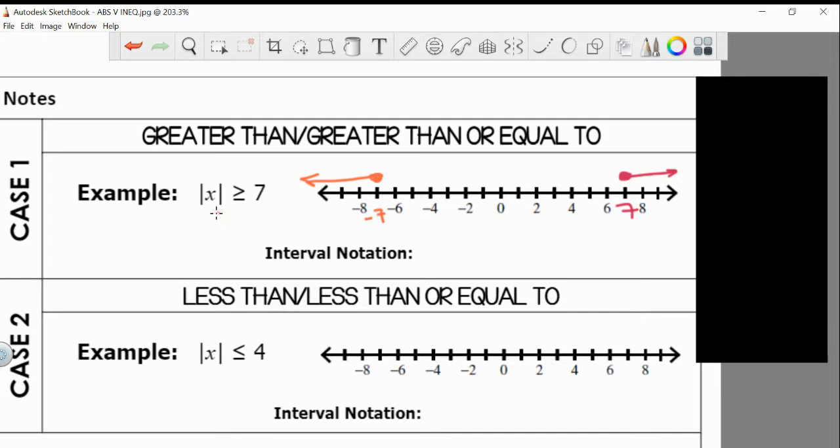Now, the way that this is coming from is we're going to start with here. We're going to split it up. We're going to have one where everything is the same, and on the other side, we're going to have one where everything on the outside gets changed, which is the exact same thing we had yesterday. So it's going to be x, which does not change because that was on the inside. It's going to be -7, which does change because that was on the outside. But here's the first big thing today.